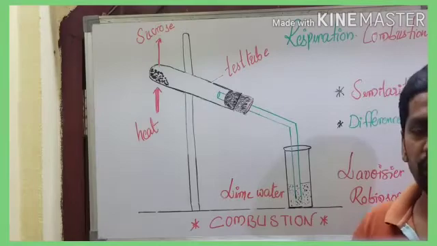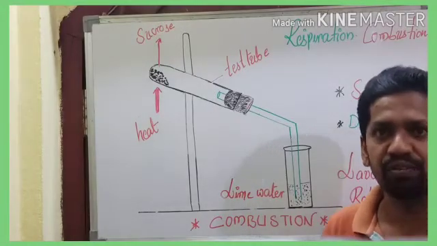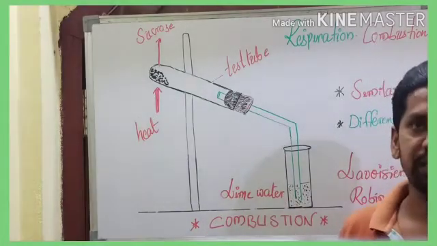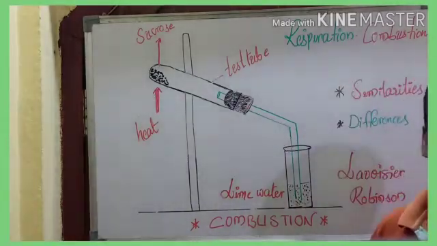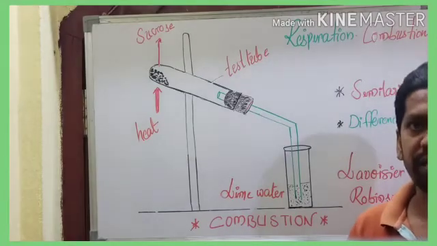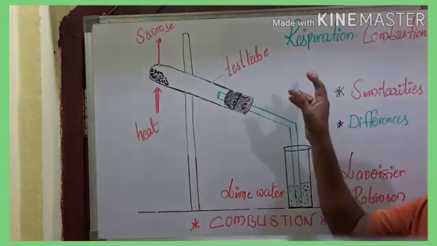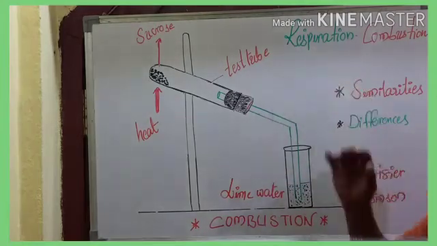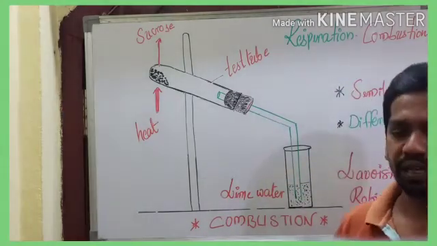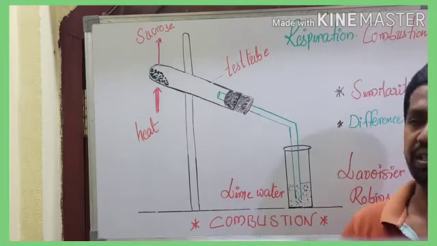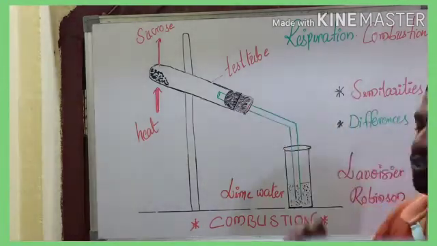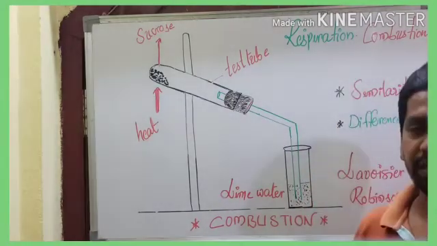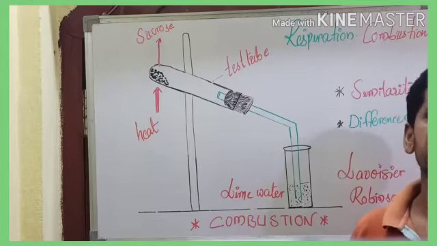Combustion takes place only when the material is completely dry, without water. But respiration occurs only when there is water, in wet conditions. In combustion, energy is released at a single stage. But in respiration, energy is released in various stages.